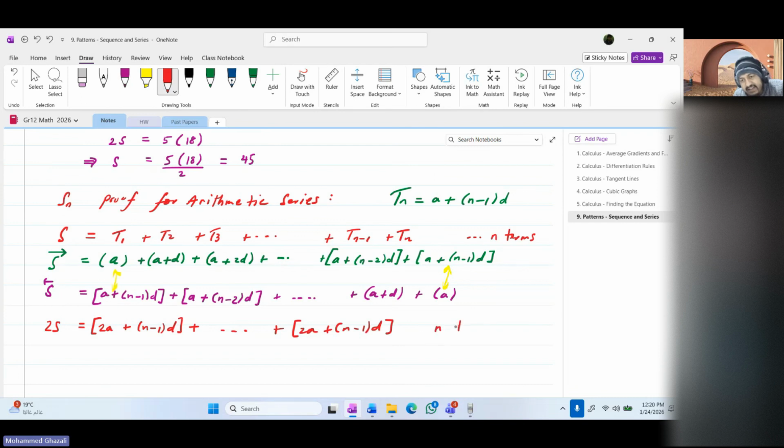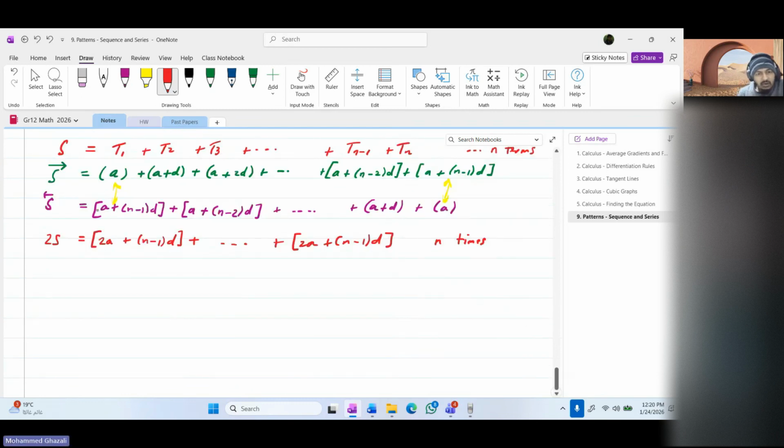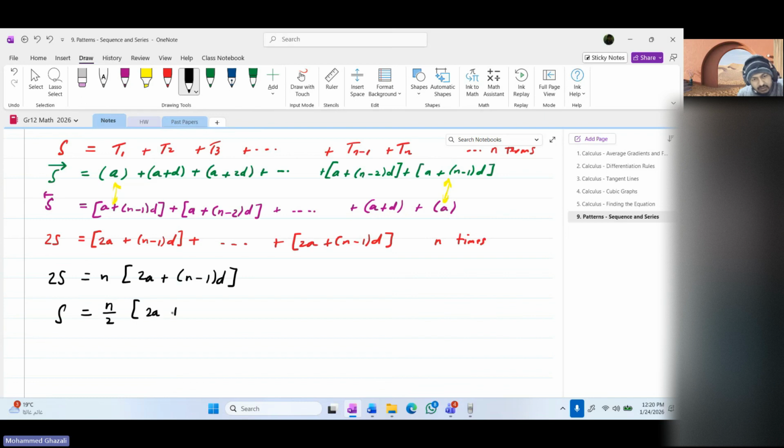How many times? n times. So we have a formula now. So this implies 2s is equal to n times 2a plus n minus 1 times d. So what's s equal to? S is equal to n over 2 into 2a plus n minus 1 times d.